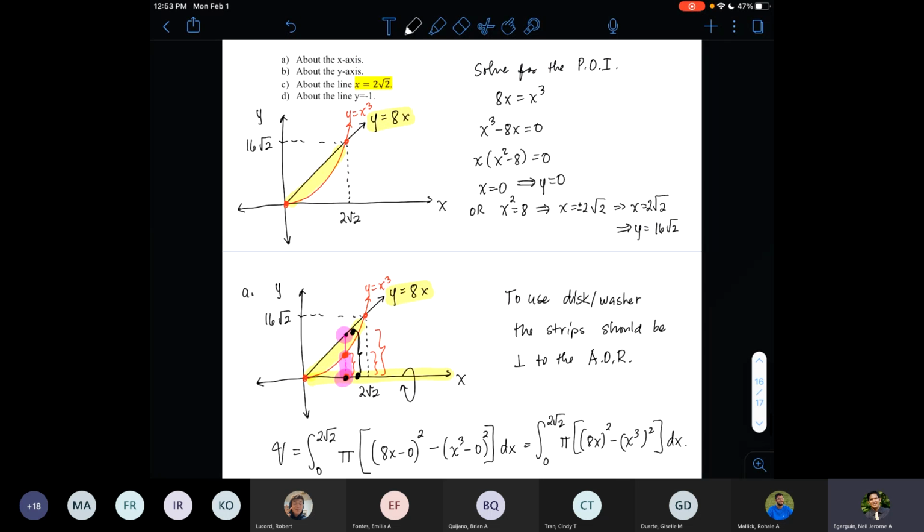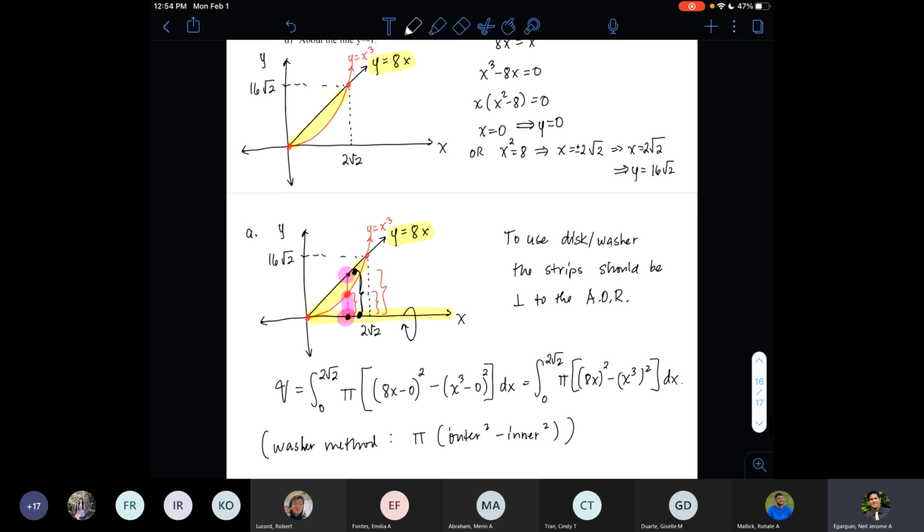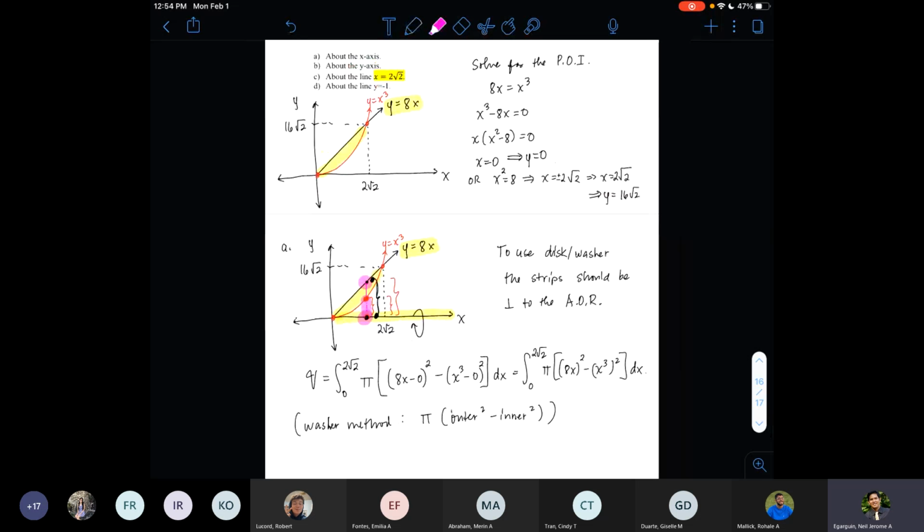So the points of intersection are computed this way. So the idea there is you put those two equations together. First graph is 8x, second graph has equation x cubed. Just put them equal to each other. Then how do I get the integrand? Remember, the integrand is outer radius squared minus inner radius squared. So I basically measured what is the outer radius.